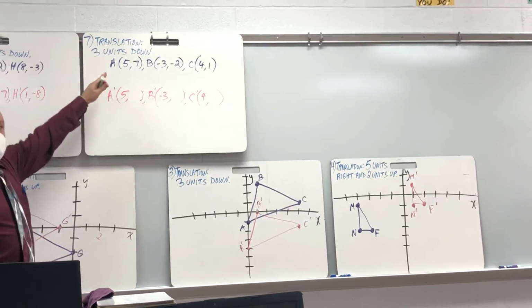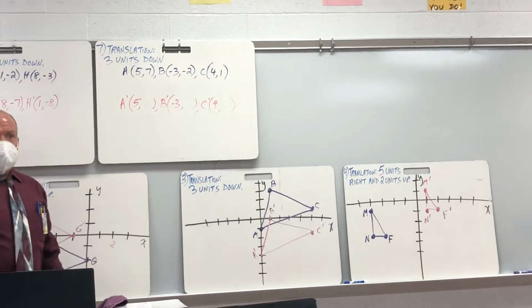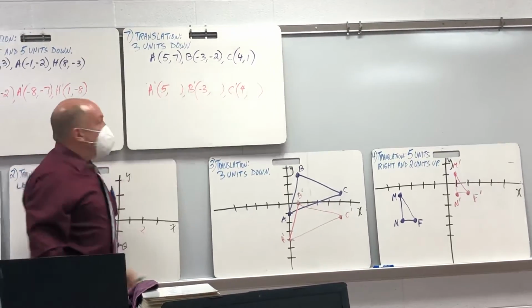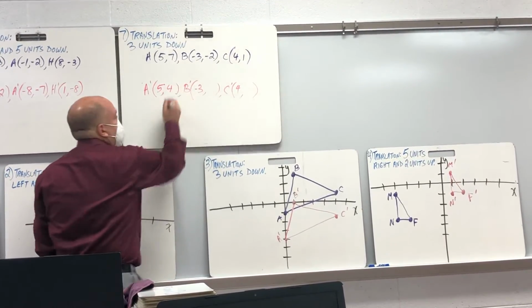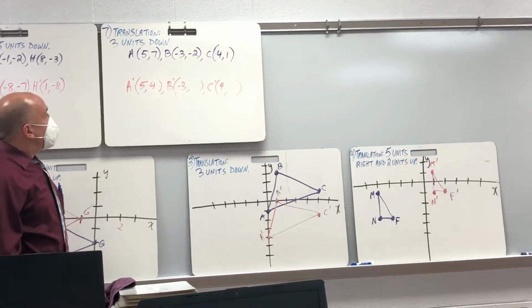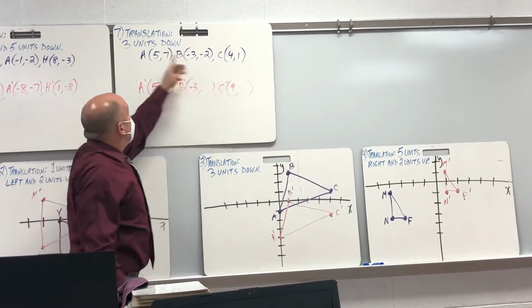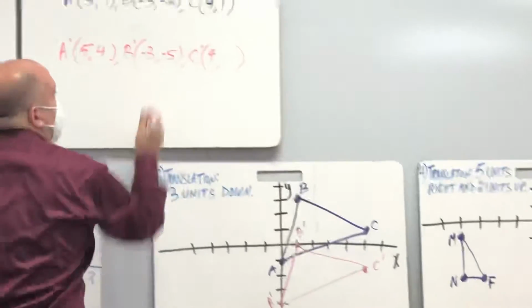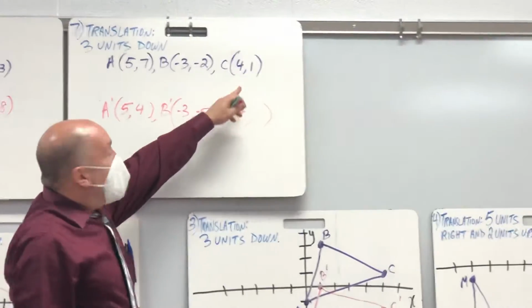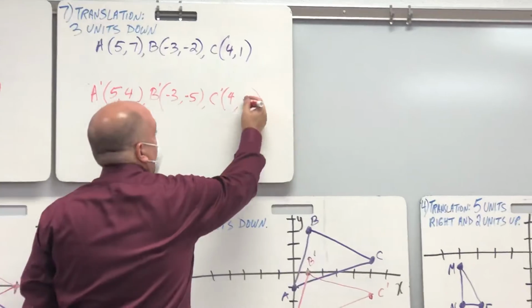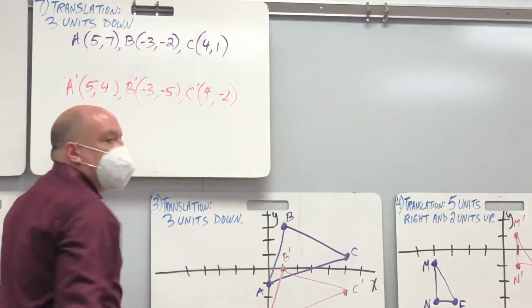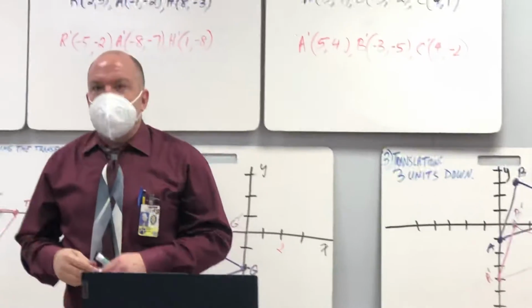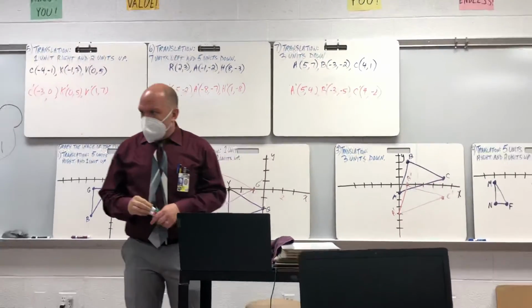Because we're just going down, we're not going left or right. 7 minus 3 is 4. -2 minus 3 is -5. 1 minus 3 is -2. Right? Can I have a nod if we're okay so far? Everyone good with that? No problem? Okay.